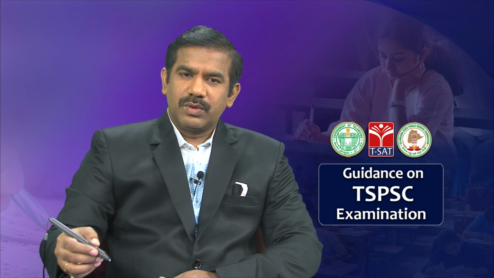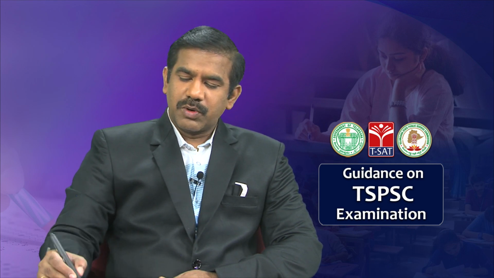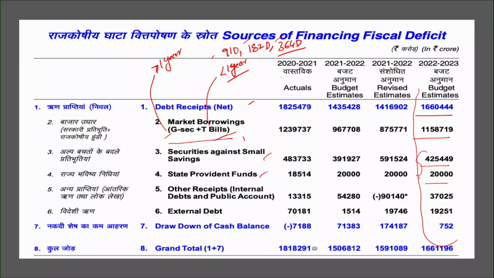So if the government borrows money against small savings or provident funds, that component is the second part of financing the deficits, and then the external debt. One thing I want you to notice is that out of the major proportion of the debt that we mobilize, a large proportion happens to be internal debt.